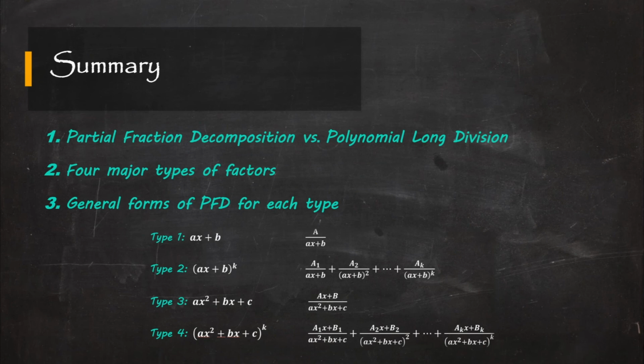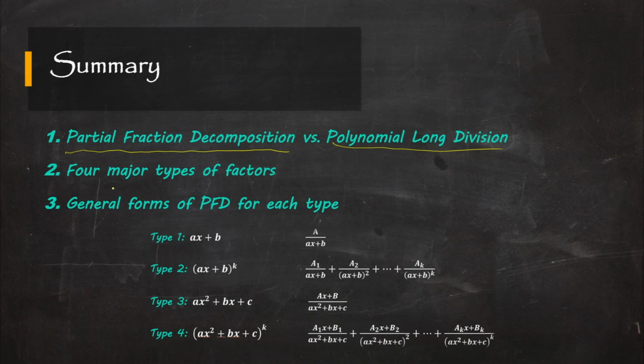And here I would like to wrap up all the stuff that I covered today. So as for the summary, I've talked about the difference between the PFD and the polynomial long division. It's all about the exponent on the top versus the exponent at the bottom. So again, if the highest power on the top is larger than the bottom, then we do the long division. And if it's the other way around, we're going to use PFD.